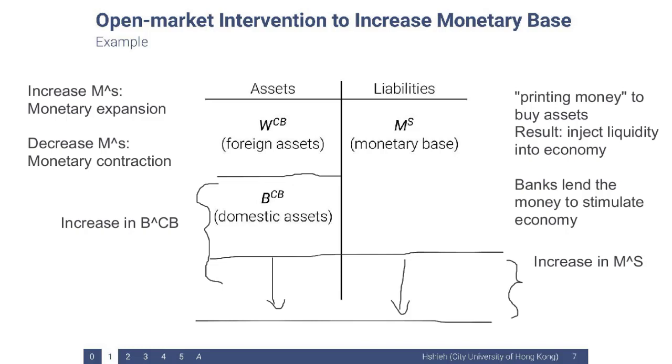So let me explain the mechanisms. Monetary expansion: you print money to buy assets. Whenever you print money, you're literally injecting liquidity into the system, into the economy. Result: inject liquidity into economy.